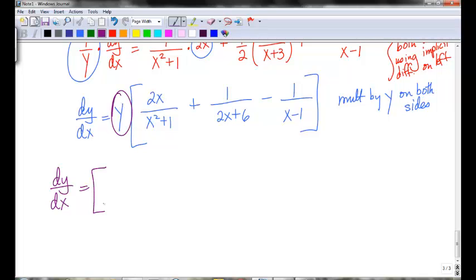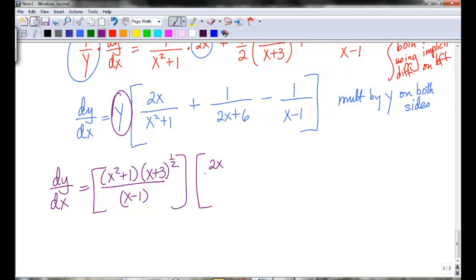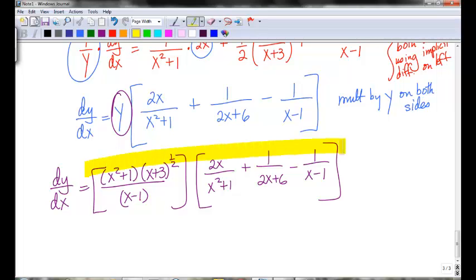So up in the numerator, we got x squared plus 1 times x plus 3 to the 1/2 power all over x minus 1. That quantity times all the rest of this. 2x over x squared plus 1 plus 1 over 2x plus 6, minus 1 over x minus 1. That whole thing is your answer. Do you have to simplify it more than that? Nope. That's it. Okay, that is your derivative.